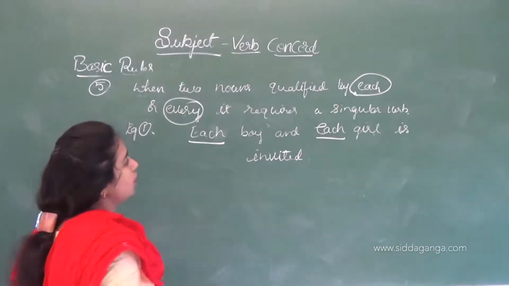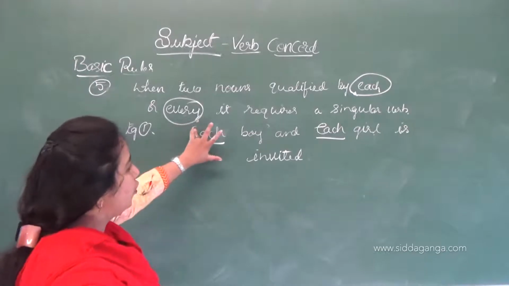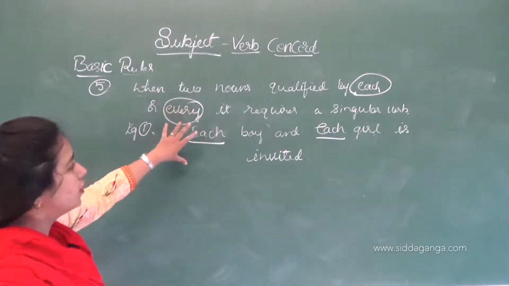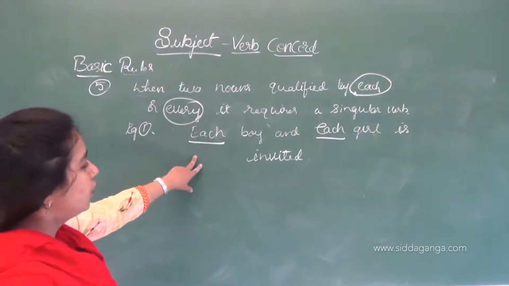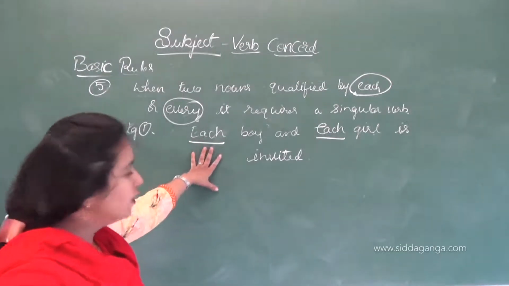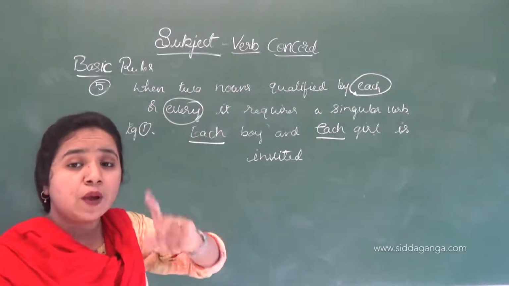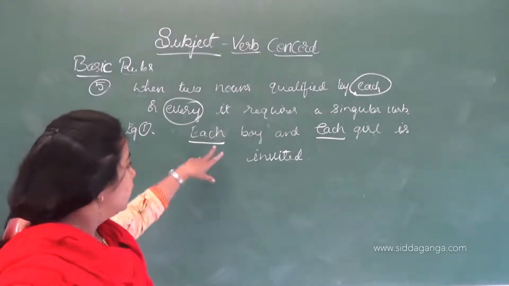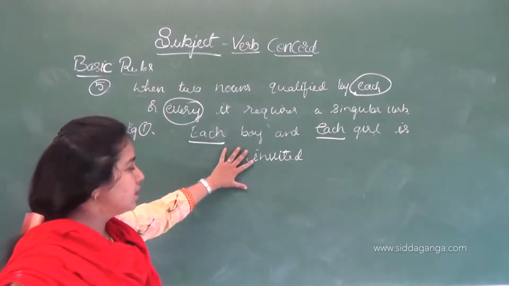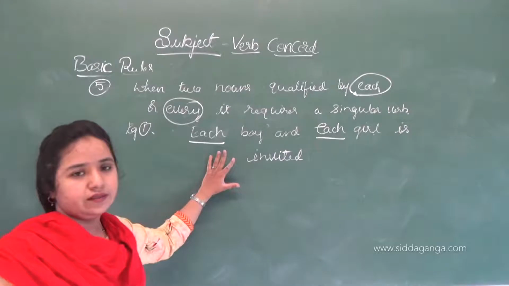So according to the rule, what is the sentence telling here? Each boy and each girl means there are two nouns. What are the nouns here? Boy, all the boys in the class, each one by one. This is telling about each boy and each girl is invited.